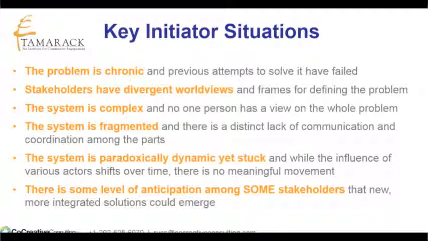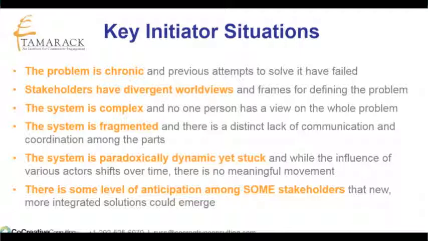It works well where the system is fragmented, and especially when we do market work or supply chain work, often there's an incredible lack of communication and coordination. So now we're bringing together electronics manufacturers with electronics brands, and they're communicating really deeply about the systemic problems that result in workers getting exposed to toxic emissions and things like that.